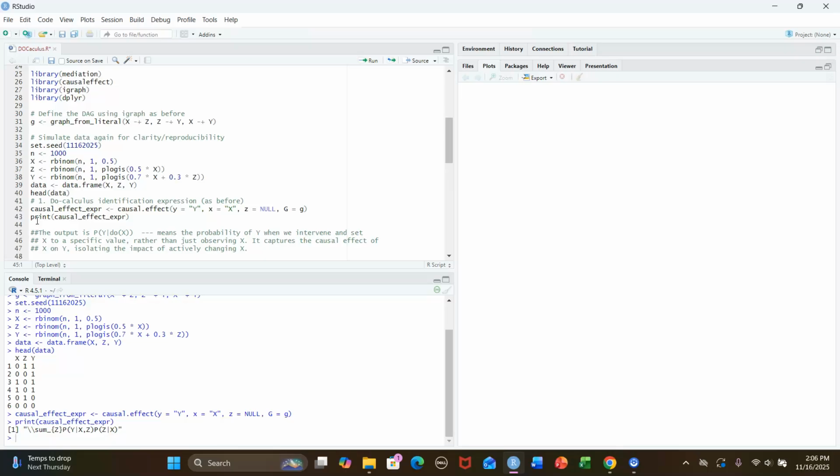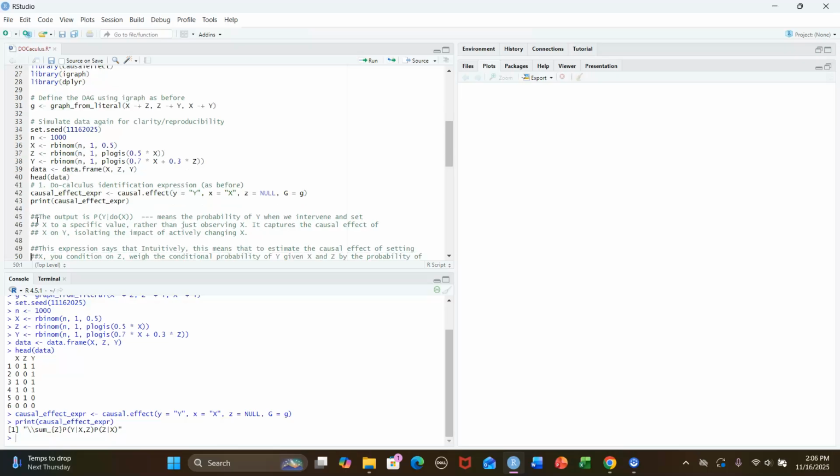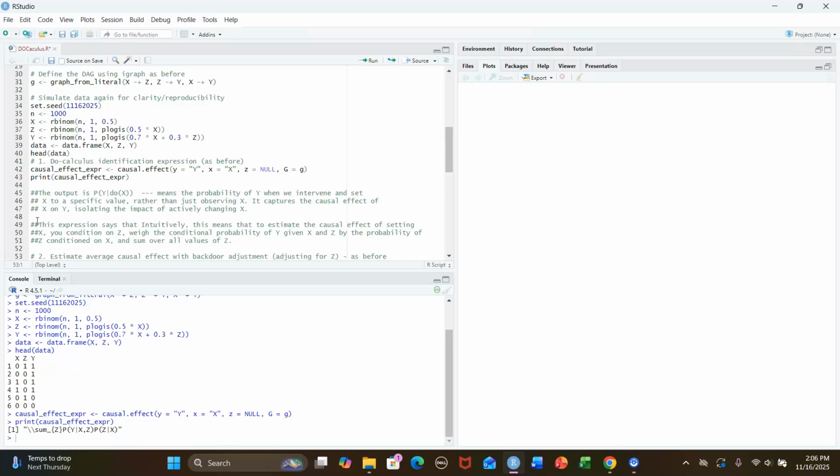And this probability distribution captures the causal effect of X on Y, isolating the impact of actively changing X. So that's the key concept.